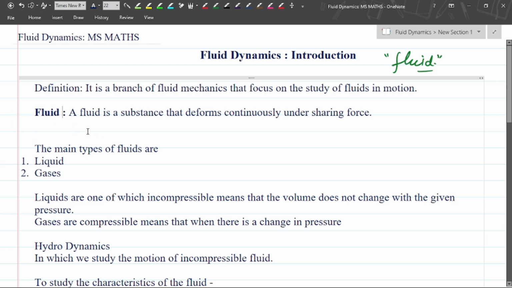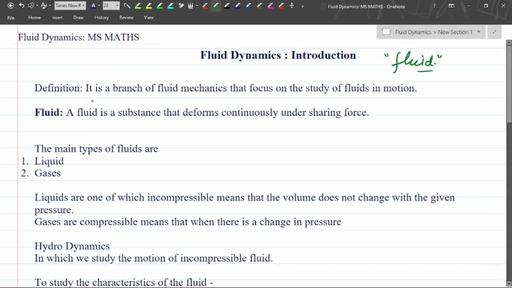It is a substance that deforms continuously, like the form of the fluid will change continuously under shearing forces. This is the important thing. It deforms continuously with some restrictions, and those restrictions are the shearing forces. These forces may be friction forces, pressure, etc.